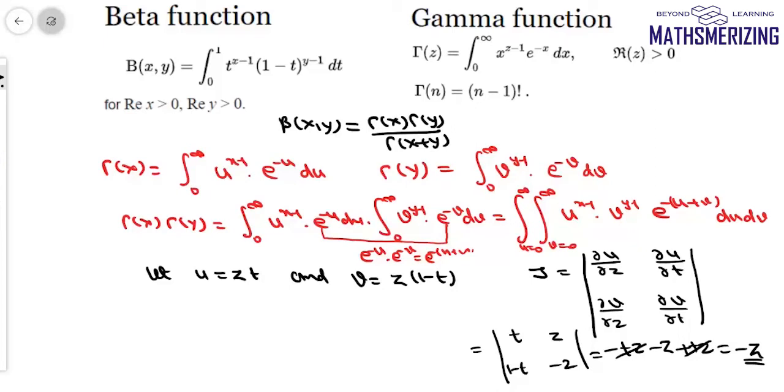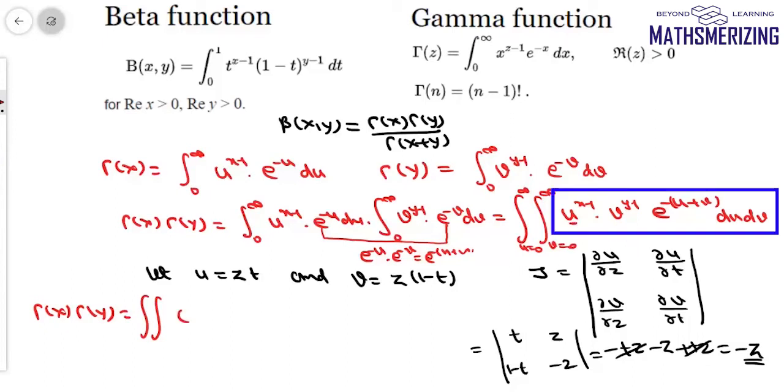So we can write this integral as gamma x, gamma y, and then this double integral, and then in place of u, we'll write zt, so that is zt to the power x minus 1. Now in place of v, we'll write z into (1 minus t) to the power y minus 1, and then into e to the power minus (u plus v). So we'll add u and v, so zt will cancel, so there'll be e to the power minus z.